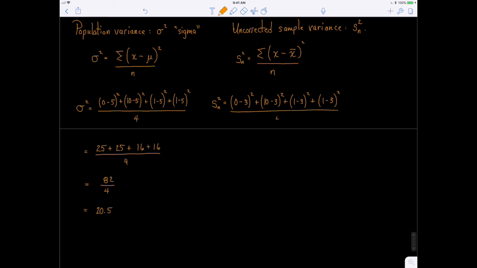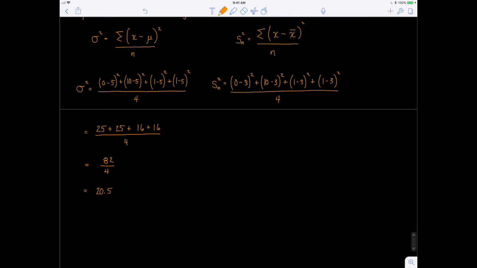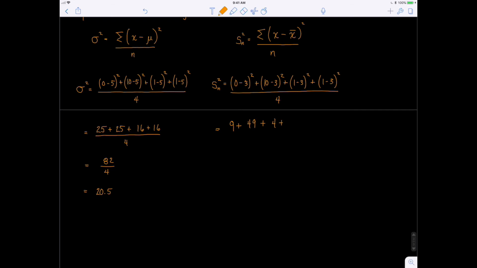And we divide that by 4. So let's see, 0 minus 3 is negative 3. We square it to get a 9. 10 minus 3 is 7. We square that to get a 49. Plus 1 minus 3 is negative 2. Square it to get 4. And then we have another one. We're going to divide that by 4.